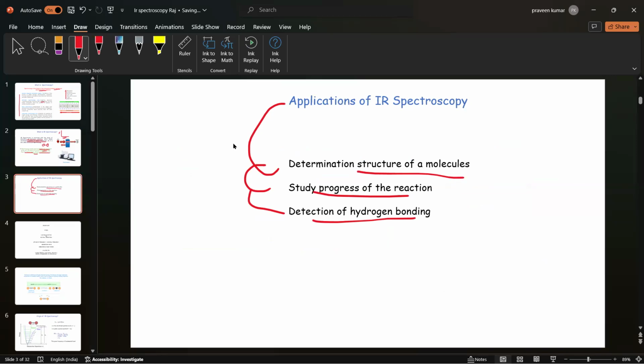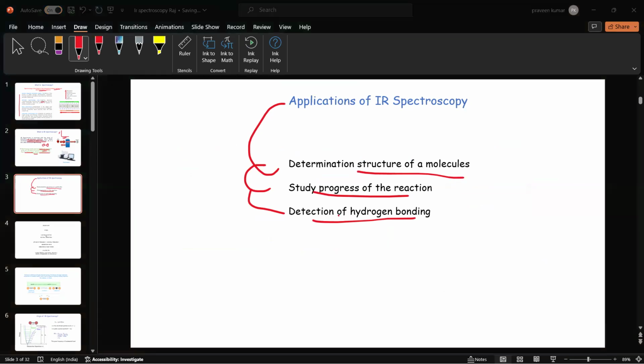Which is another technique used to detect hydrogen bonding, guys? Can you remember? NMR, great Vivek, great Kavish, great. NMR is the other technique used to detect hydrogen bonding.